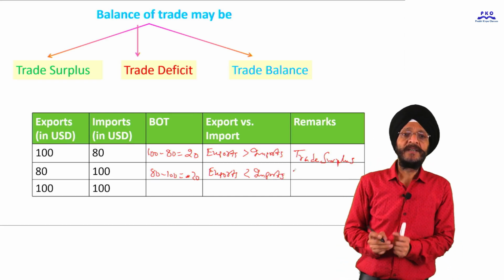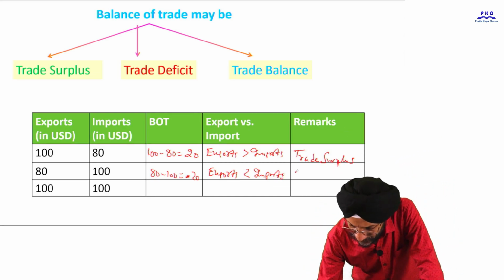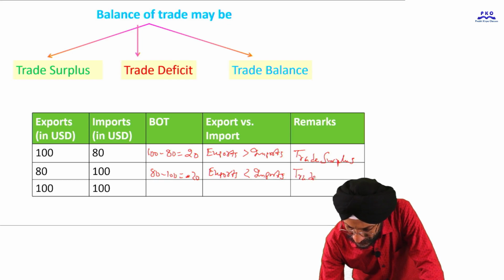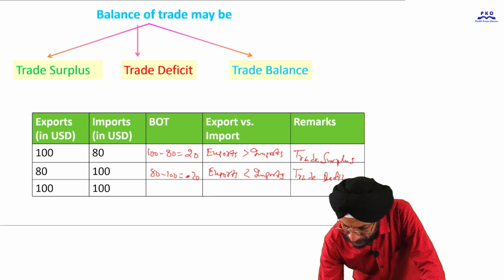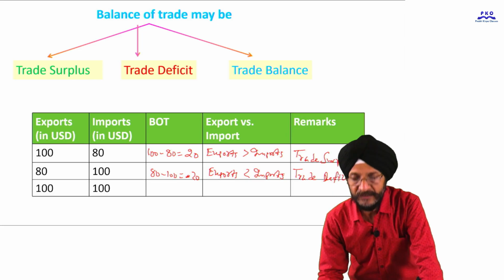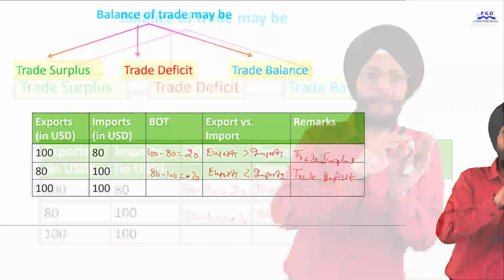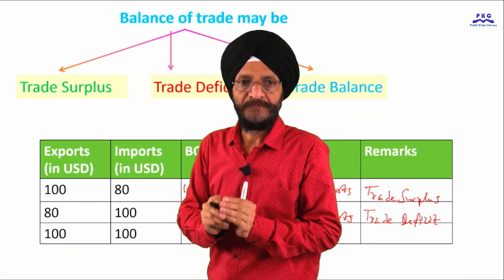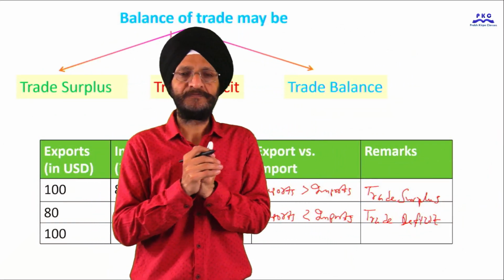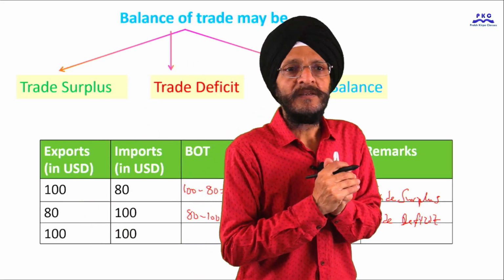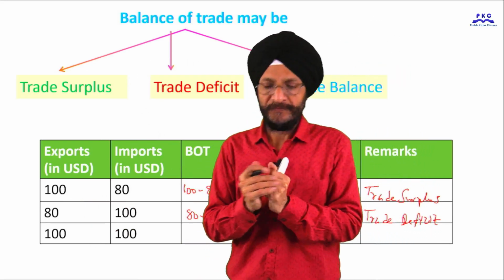So it is trade deficit position. The country is having trade deficit because the value of its imports is more as compared to exports. It is also known as negative balance of trade.